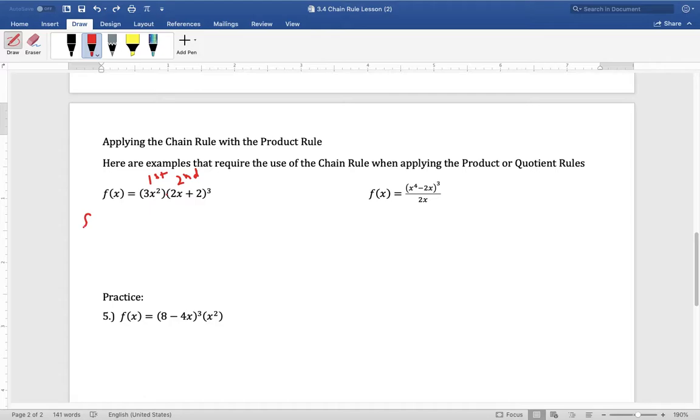So f prime of x is equal to product rule. First, 3x squared times the derivative of the second. This is where the chain rule comes in.